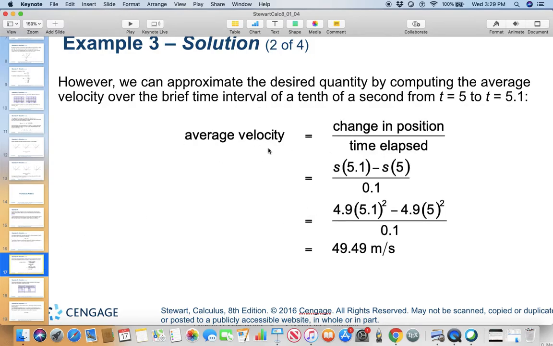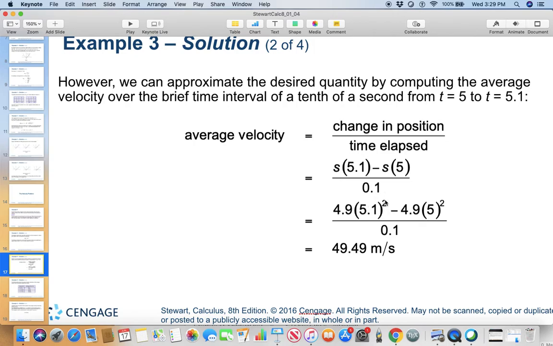Average velocity is change in position over time elapsed. So suppose you are looking at time 5 seconds to 5.1 seconds. So distance at 5.1 minus distance at 5, over the difference 0.1.